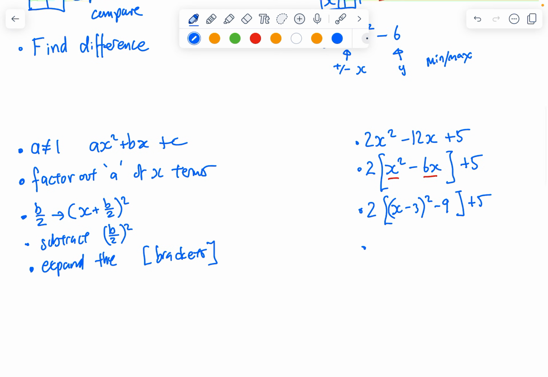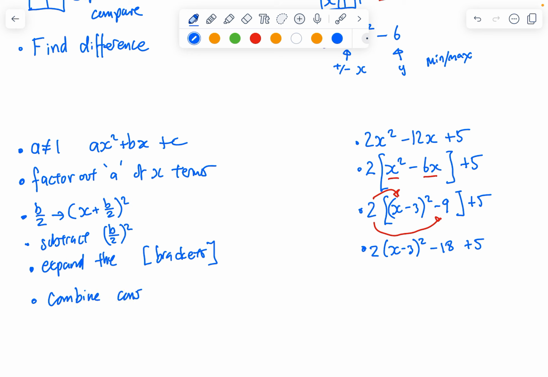Okay, so I do 2 times x minus 3 all squared and 2 times minus 9. So I get 2 times x minus 3 all squared minus 18, and now I've got the 5 on the end.